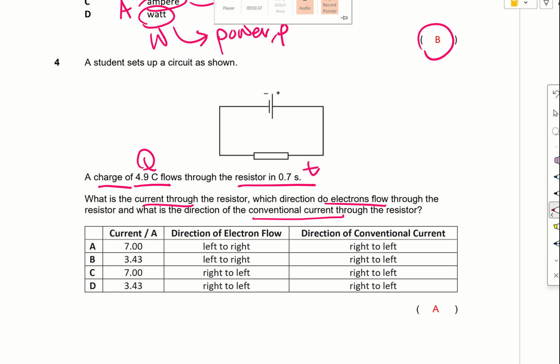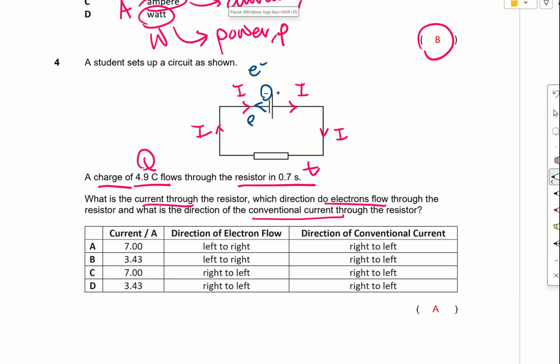Okay, we can actually do the conventional current first. So conventional current always comes out from positive and enters the negative. Okay, on the other hand, electrons being negative will come out from the negative terminal and go into the positive terminal. So with that, direction of electron flow, take note that it is through the resistor.